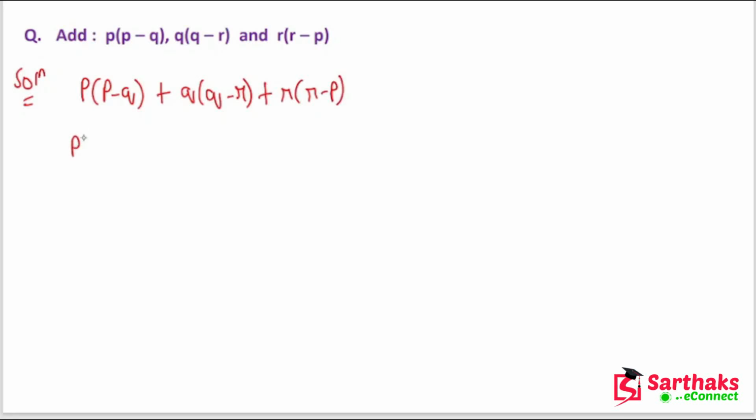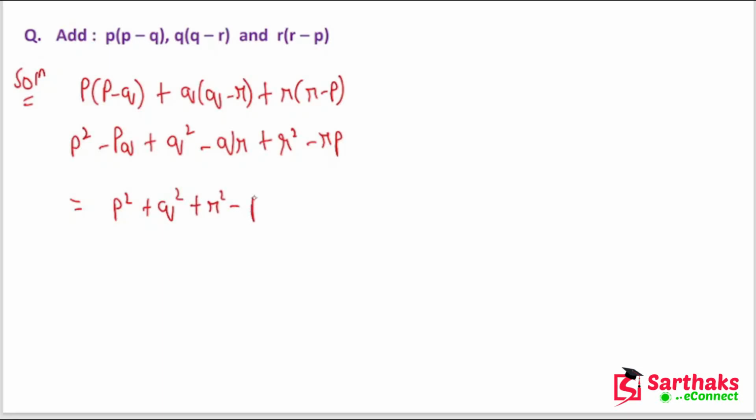So p into p would be p square, minus pq, plus q into q would be q square, minus qr, plus r into r would be r square, minus rp. If you want to arrange them, you can. So it would be p square plus q square plus r square minus pq minus qr minus rp. So you can directly calculate them. That was the addition of these products. Let us move on to the next question.